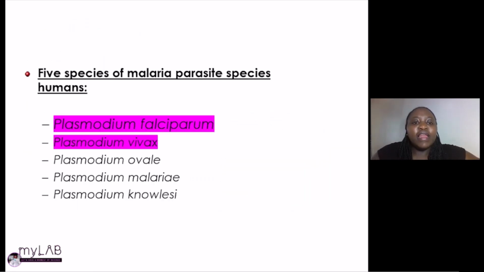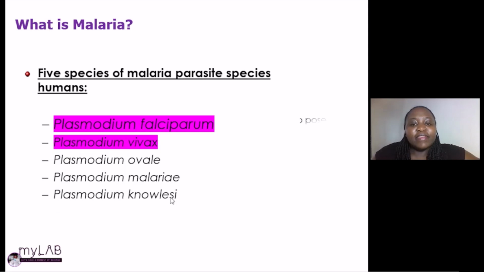So we usually will have 5 species of the malaria parasite that will infect humans because we have other malaria parasites that usually will infect other animals. So for the 5 species of malaria infection that usually will infect humans, we have what we call Plasmodium falciparum, Plasmodium vivax, Plasmodium ovale, Plasmodium malariae, Plasmodium knowlesi.